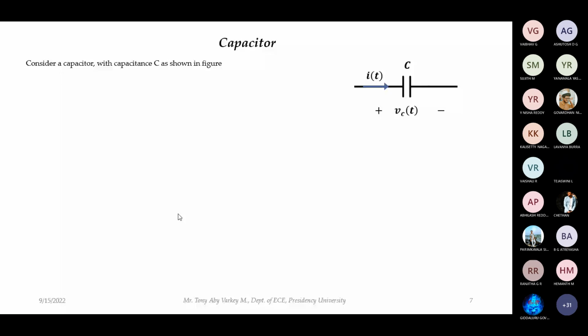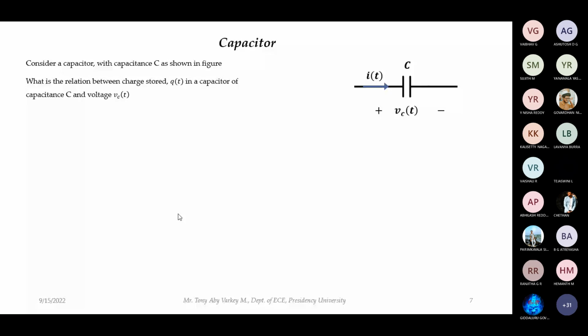Now I'm going to ask the question: what is the relation between the charge stored Q of t in a capacitor of capacitance C and the voltage Vc of t across it?